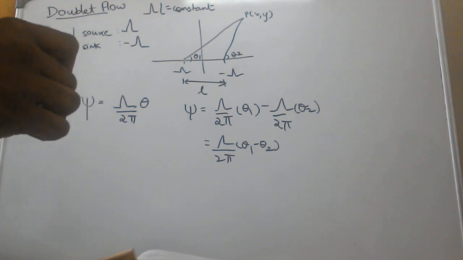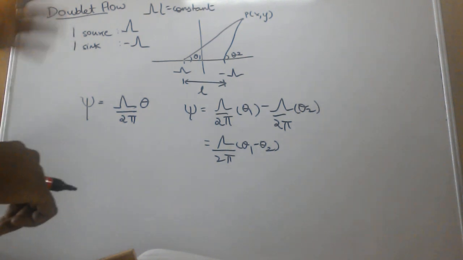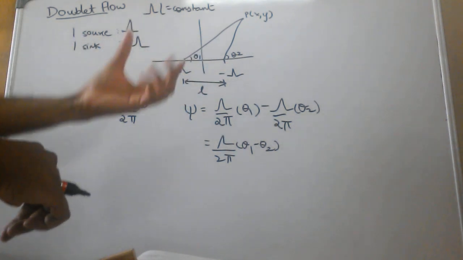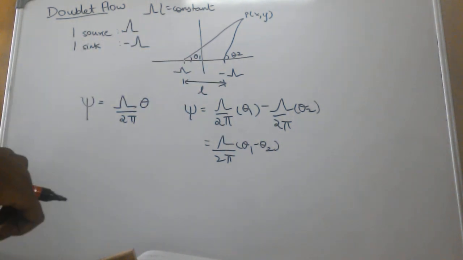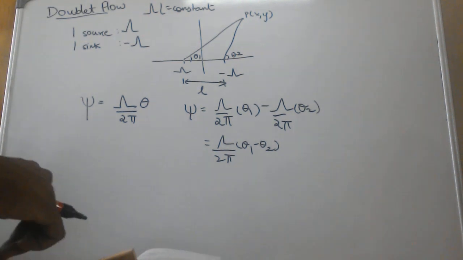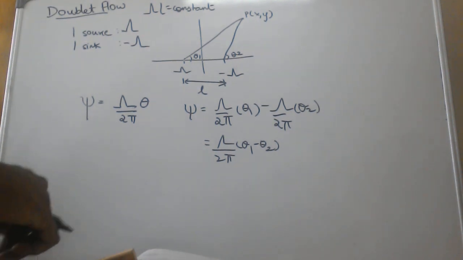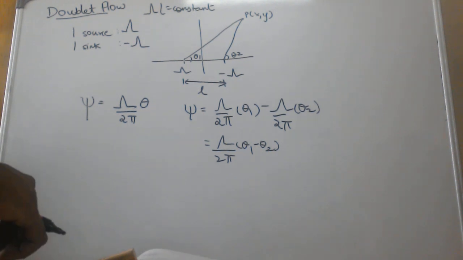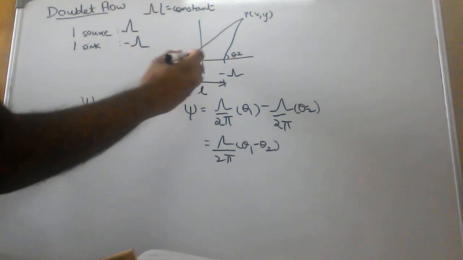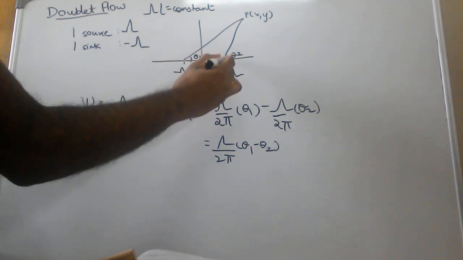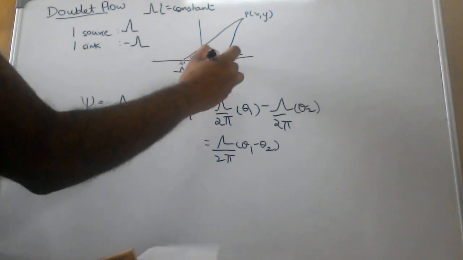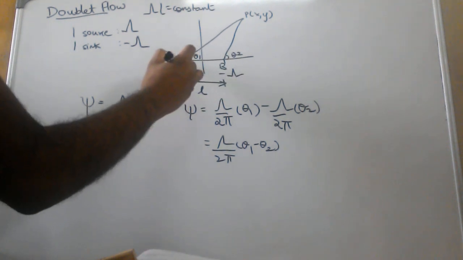As you might have imagined, what we are trying to do here is bring the source and the sink close to each other such that L goes to 0. So in that case, theta 1 minus theta 2 will become a very small quantity. If you look at this figure, theta 2 is the exterior angle of this triangle. Let me name the triangle ABP, right?